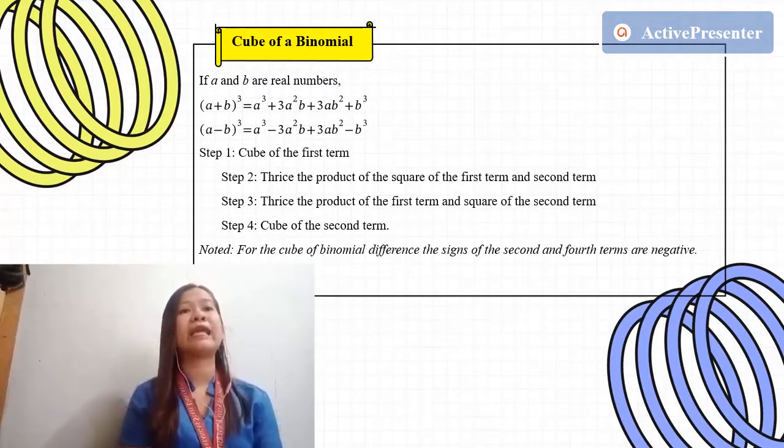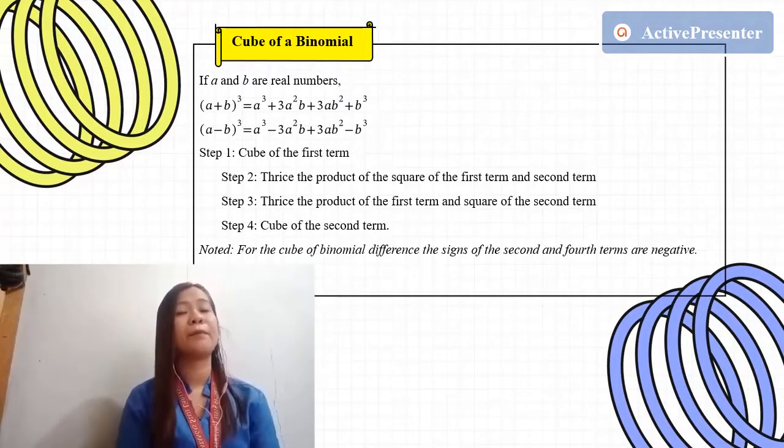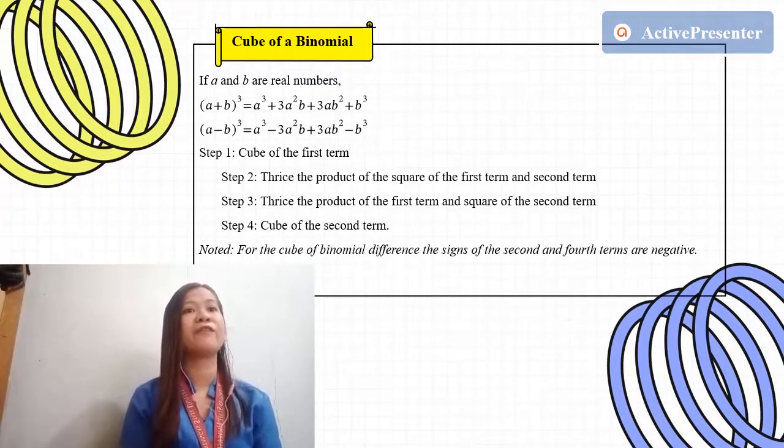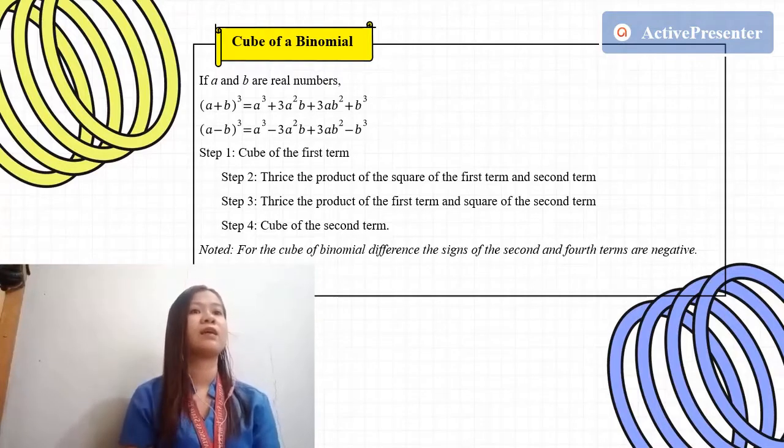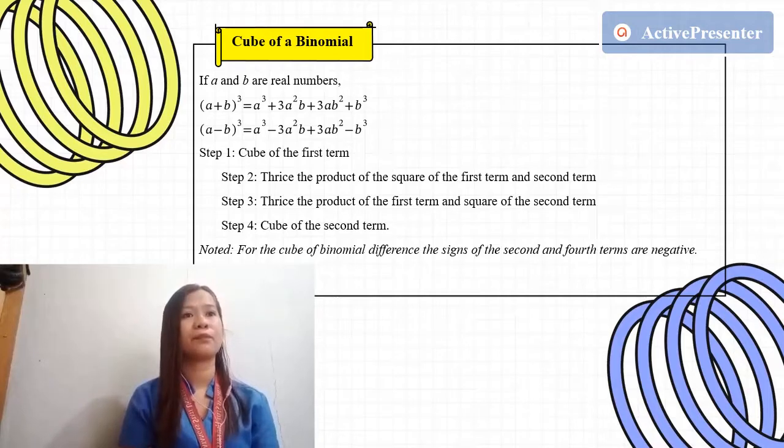Then in the cube of a binomial which is a difference, so we have a minus b cubed, you can notice that the signs alternate. We have positive, negative, positive, negative.